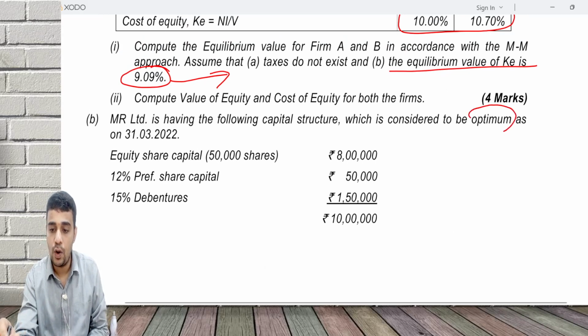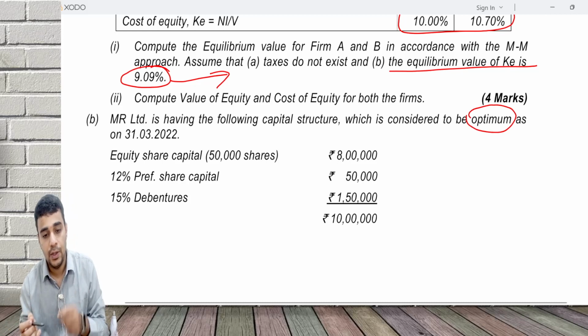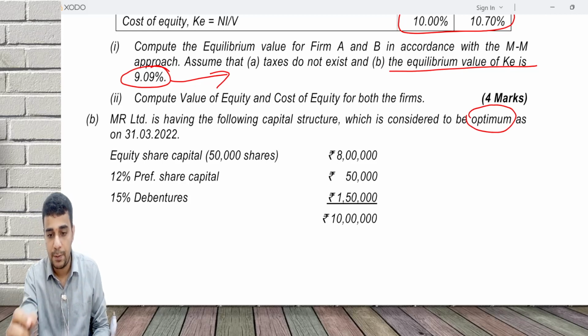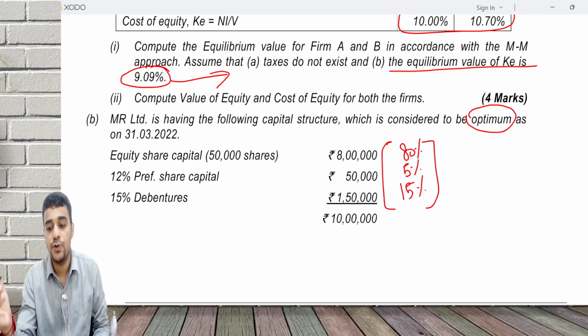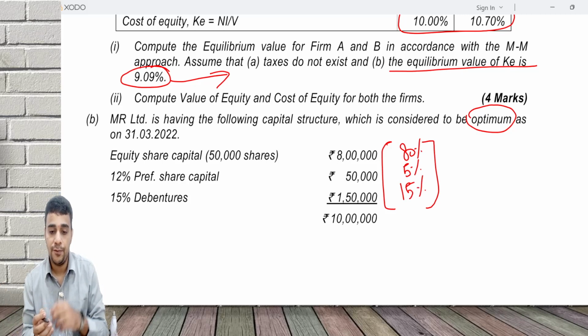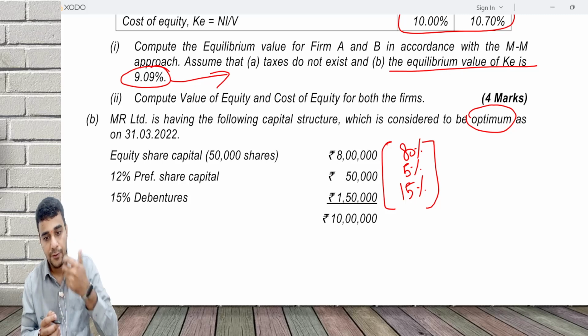Optimum means whatever money, marginal means additional, you will raise in the same proportion. So the proportion is 8 lakh on 10 lakh, 80%, 5%, 15%: 8 lakh on a base of 10 lakh, 50,000 on a base of 10 lakh and 1 lakh 50 on a base of 10 lakh. Any money to be raised, 80, 5 and 15 is the proportion.